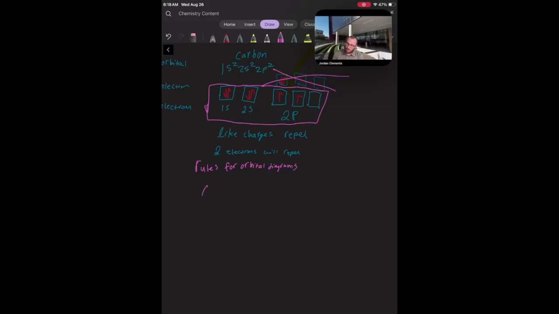We have the Aufbau principle, we have the Pauli exclusion principle, and we have Hund's rule.